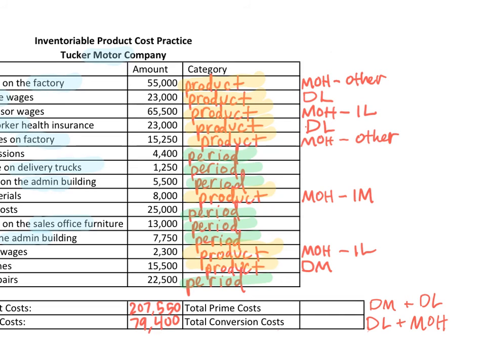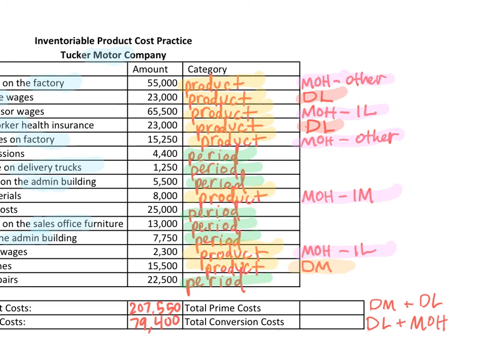So we need to go back up to our items that we have identified as product costs, and we need to separate them out between the three types of product costs. So I'm going to highlight all of the overheads one color, the direct materials one color, and the direct labor another color.